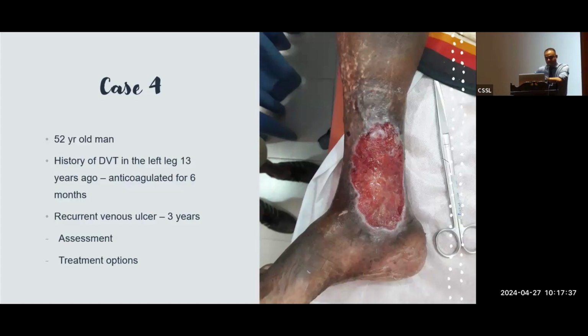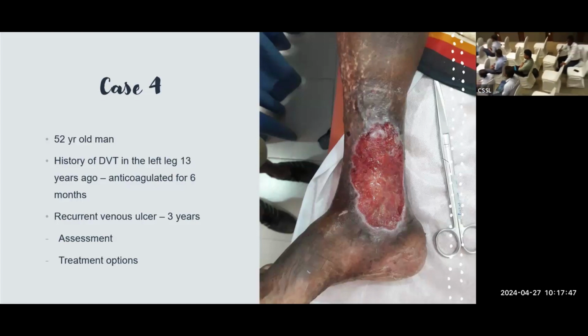Common problem. There must be incompetent valves following recanalization of the thrombosis. There may be partially recanalized, semi-occluded or stenosed, strictured segments in the system.